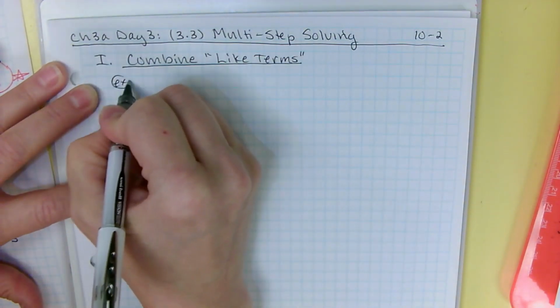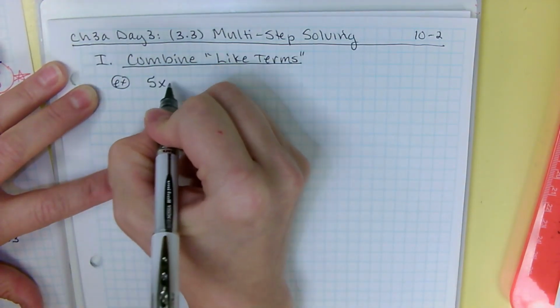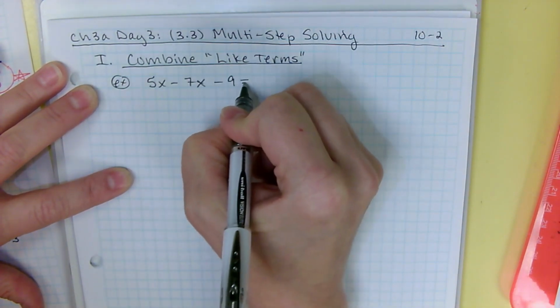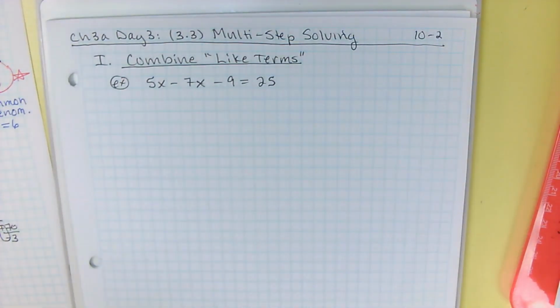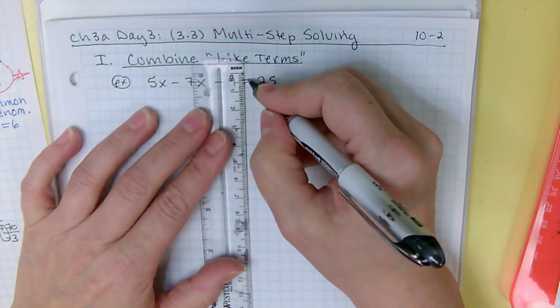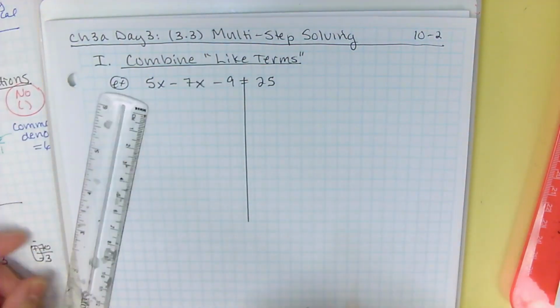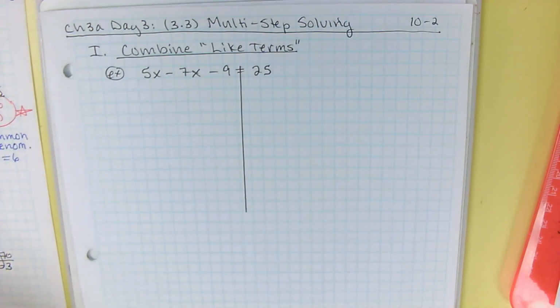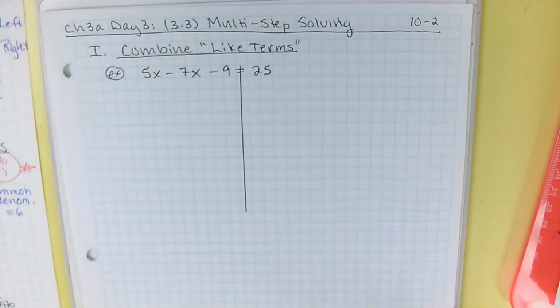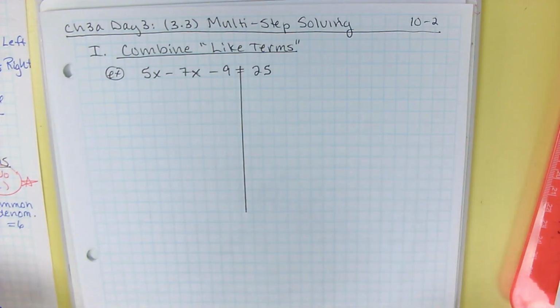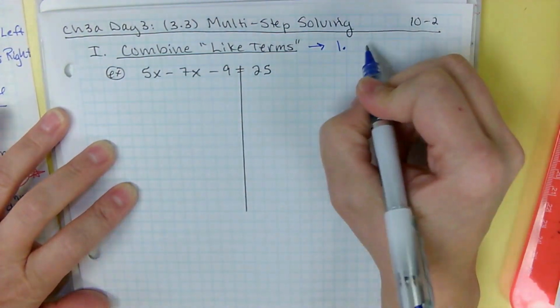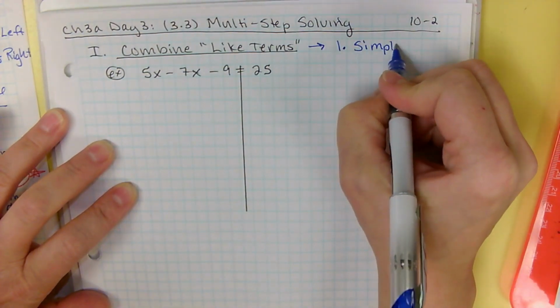And an example of that would be 5x minus 7x minus 9 equals 25. So combining like terms actually fits in to the very first step of the solving process, which is to simplify.